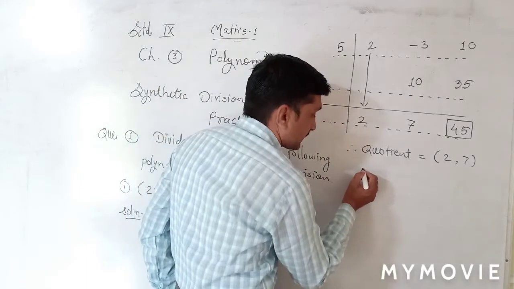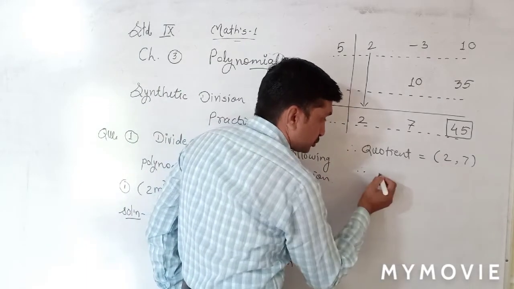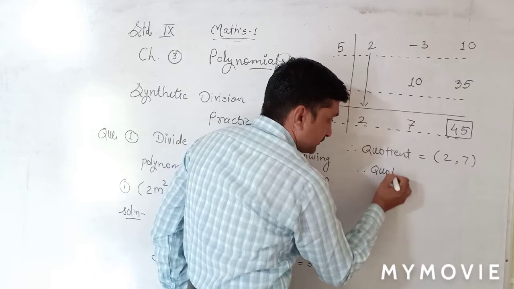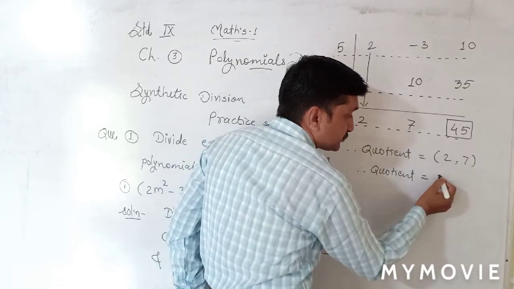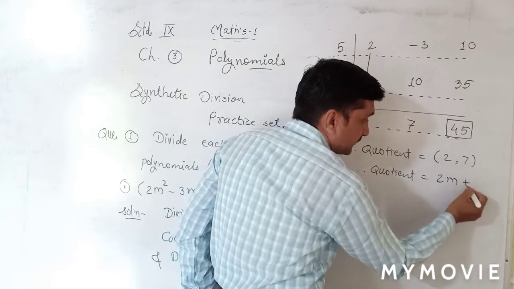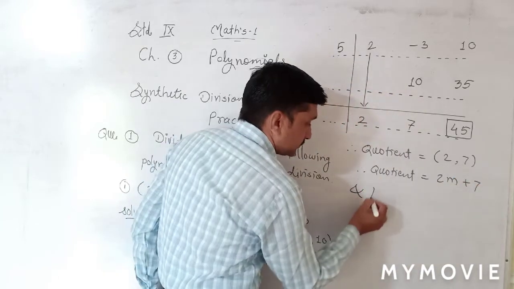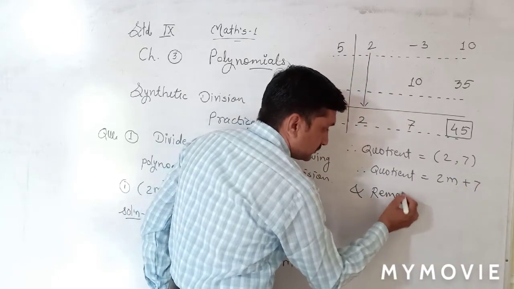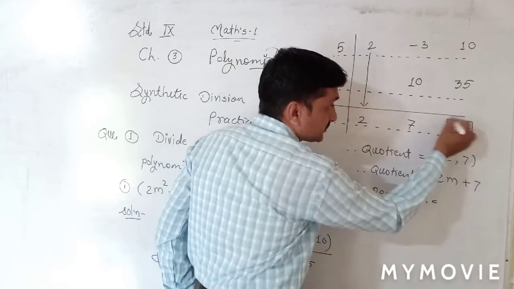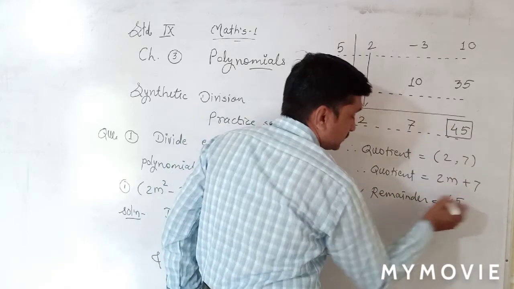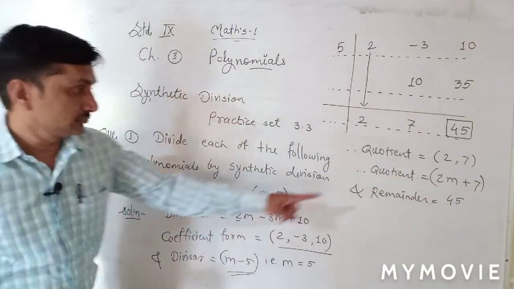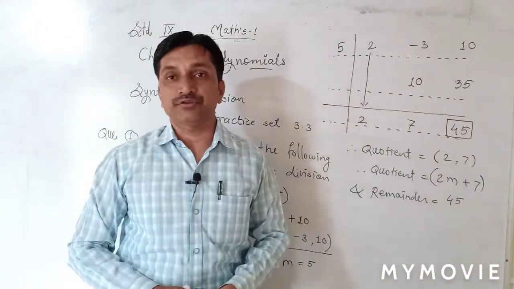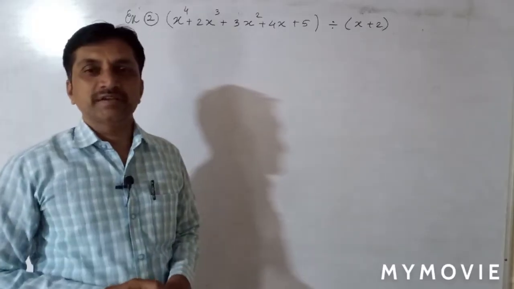Therefore the quotient is equal to 2m plus 7, and the remainder is, what is the remainder? This number, 45. In this way we got the quotient and remainder also. Let's see example number 2.